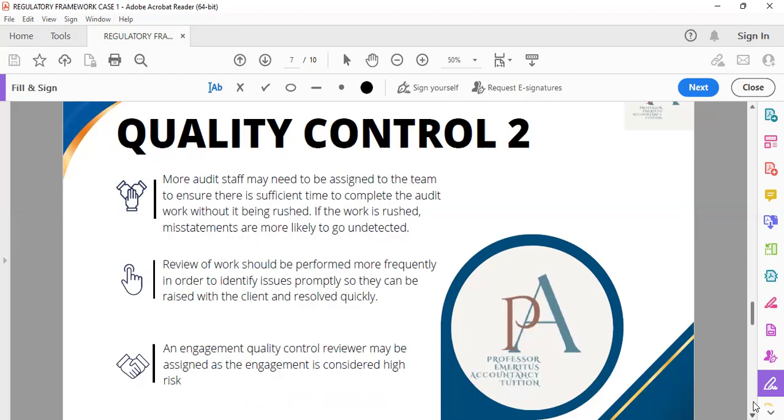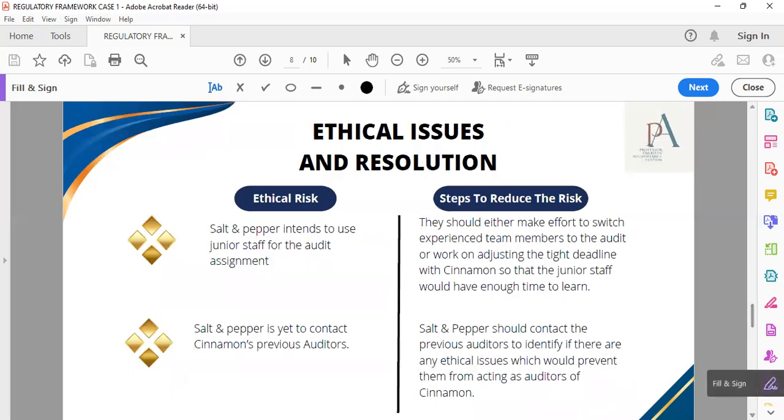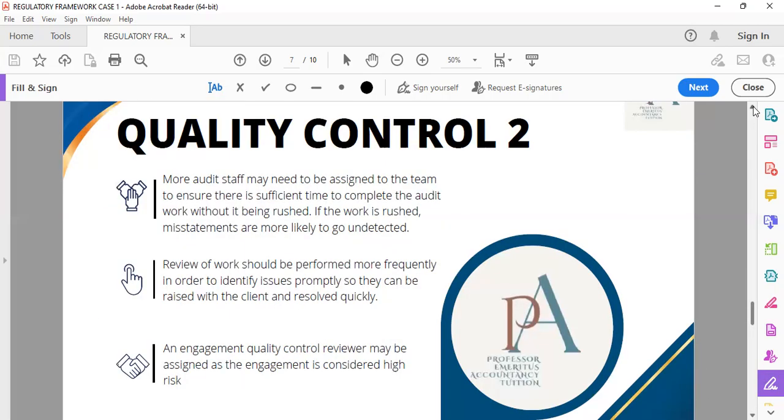And if issues have been resolved, they state that those issues have been resolved. So in the engagement quality review, we need to see that the observations made are correct and the resolution processes have been followed properly.